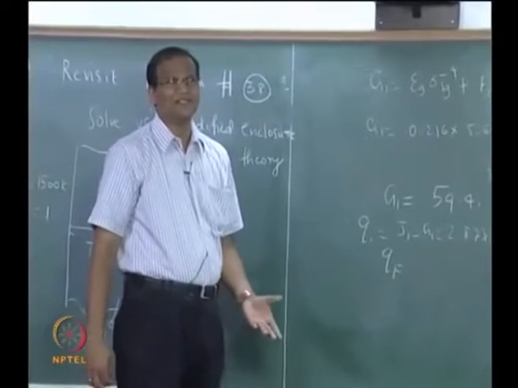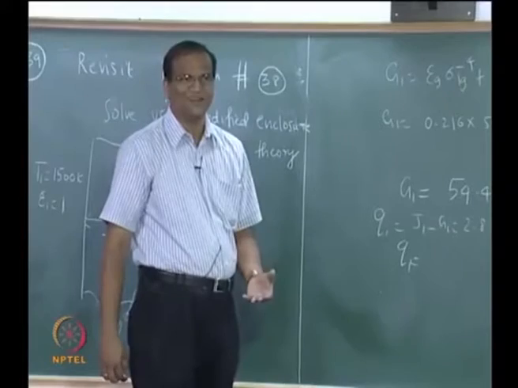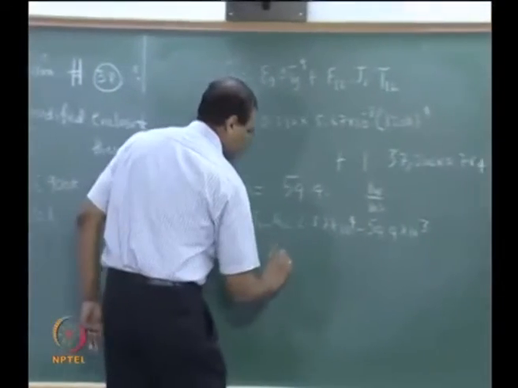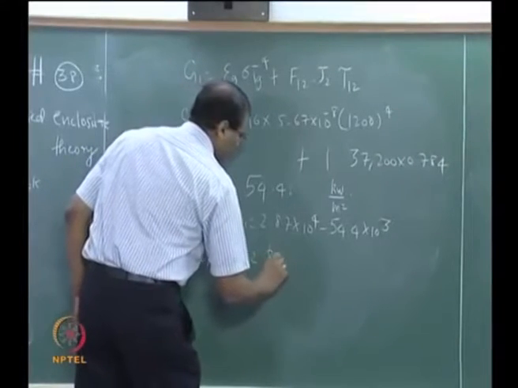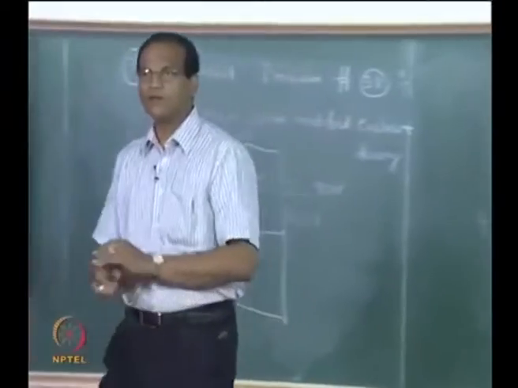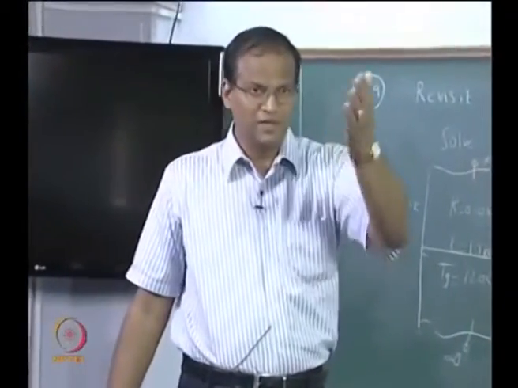You should get the same answer as what you got yesterday. 232 kilowatt per meter square. Did you get the same thing yesterday? Correct? Please revisit problem 38.